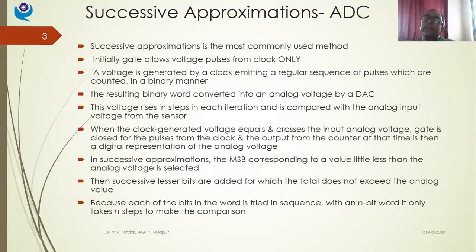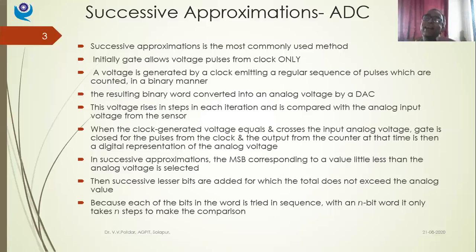Now the last digit, 2 to the power 0, corresponds to 1. So the next word I'll generate is 1001, which corresponds to 8 plus 1, which is 9.